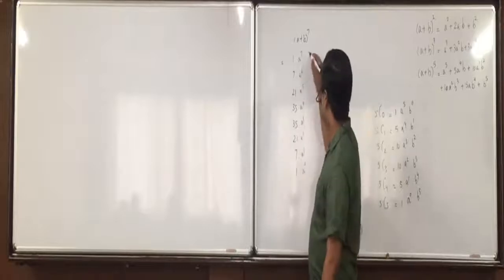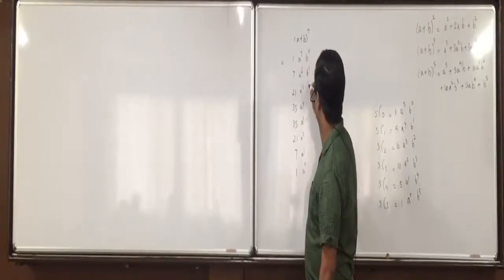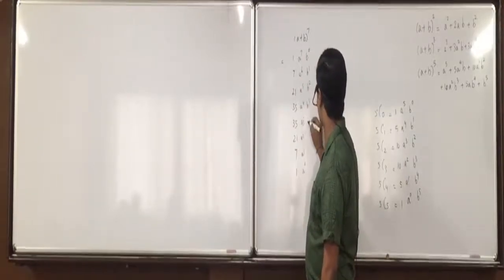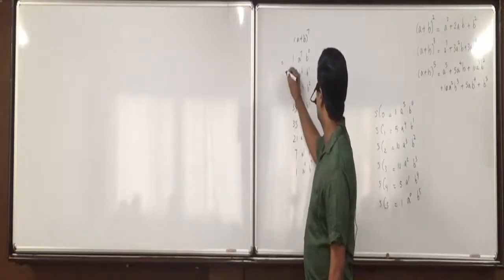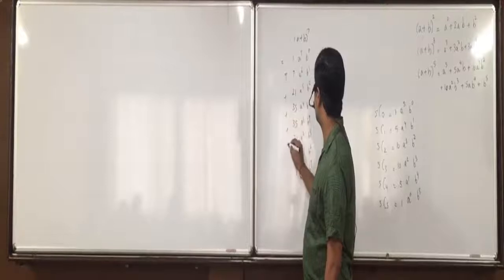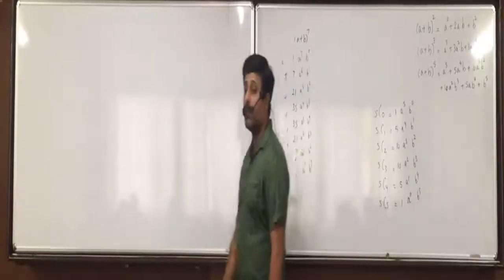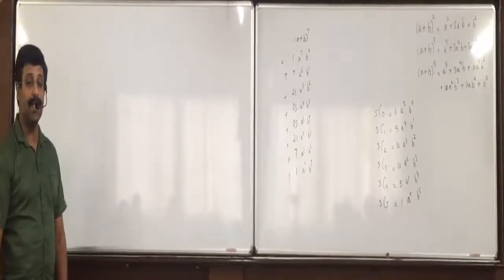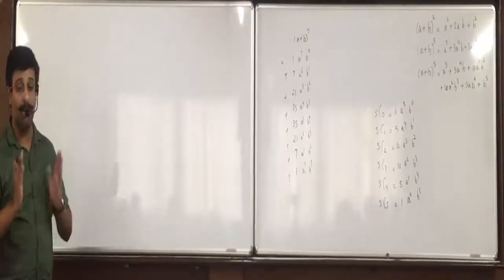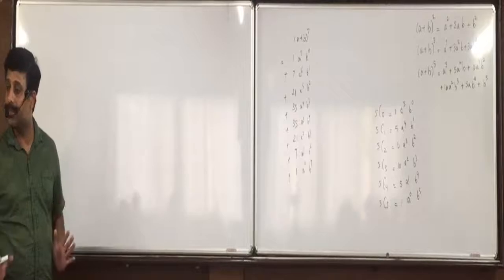What is the second variable? B raised to 0, 1, 2, 3, 4, 5, 6, 7. Everywhere plus. This is the formula of a plus b raised to 7. Did you understand this? This procedure is called binomial expansion.